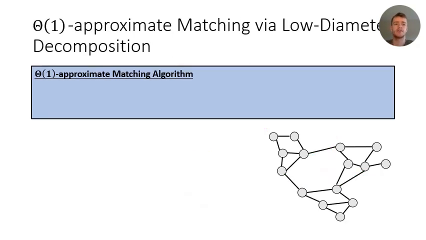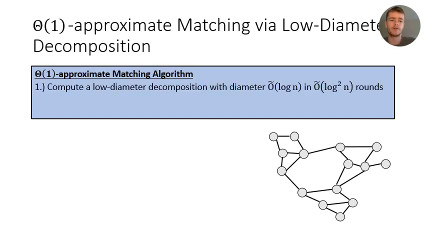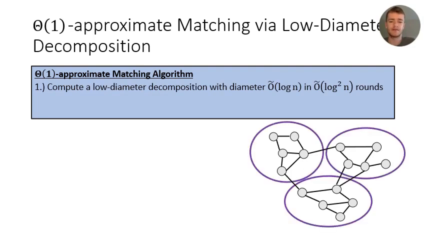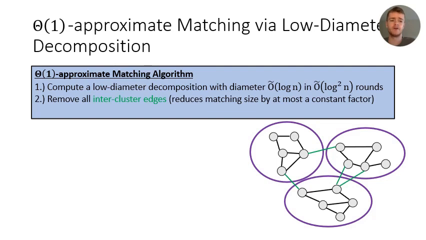Okay, now let me talk about the constant approximate matching algorithm by low diameter decomposition. The first step is to compute the low diameter decomposition with diameter roughly log n. Then in the second step, we remove all the intercluster edges. And this reduces the matching size by at most a constant factor from the guarantees of the low diameter decomposition.